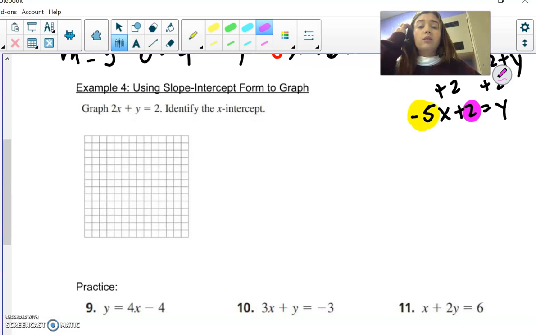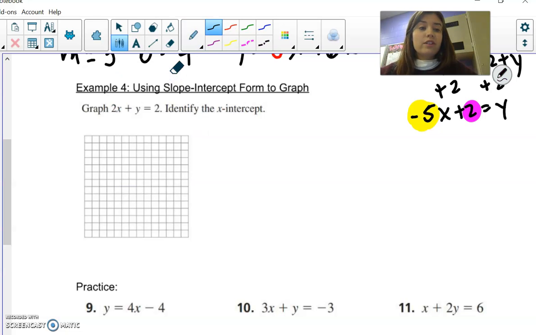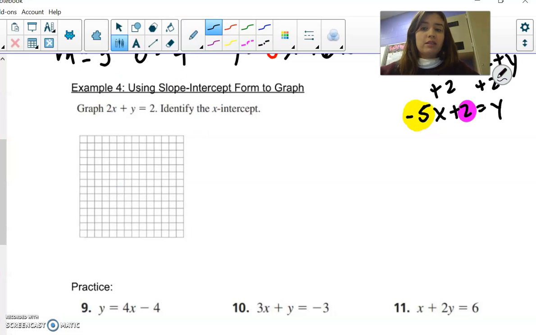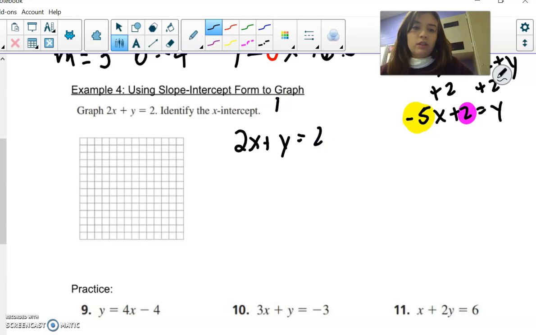Alright, so now we're going to learn to graph. If you have the skills from example C, this will be easy. All we're doing is solving for y. We have 2x plus y equals 2. So first step, solve for y. Okay, I'm going to subtract 2x so that it's on the other side.